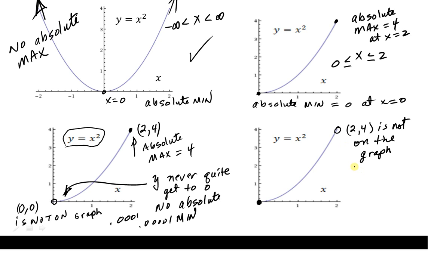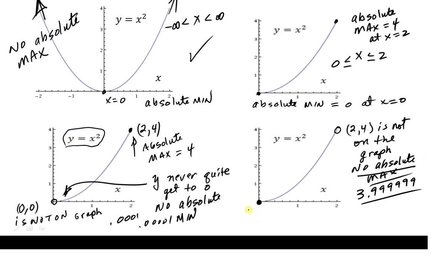And so we would say there is no absolute maximum. The value of y gets as close as you want to 4. In fact, it gets up to 3.9999, as many nines as you want, but it never gets to 4. So there's no absolute max.